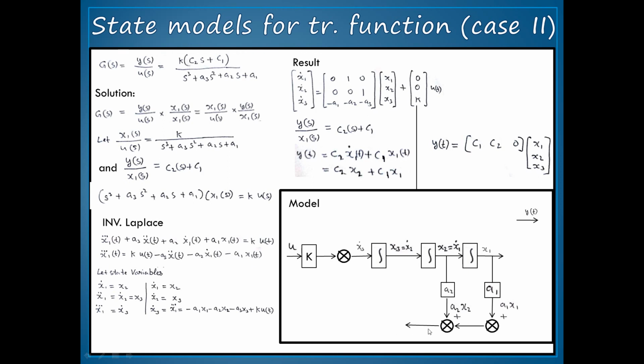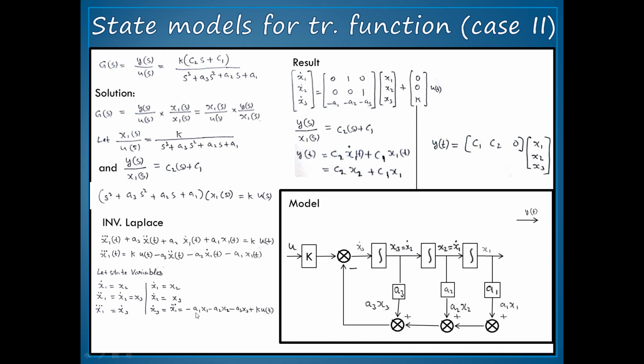Ultimately, on this particular node we get the value a1 x1 plus a2 x2. Similarly, on this third node, after getting this a3 x3 value, after summing we get a1 x1 plus a2 x2 plus a3 x3.